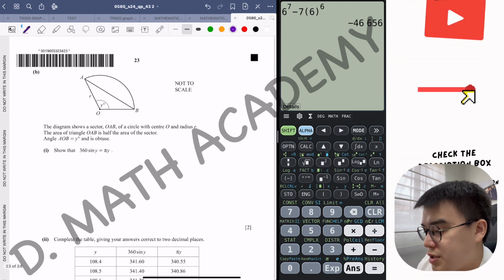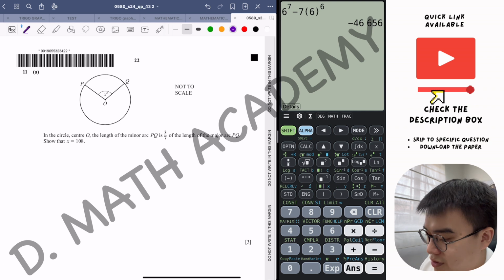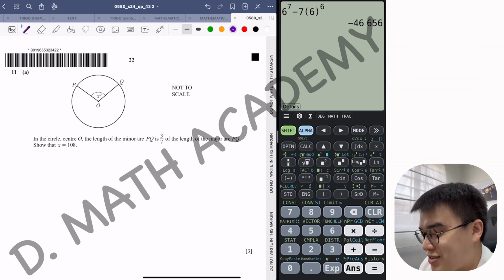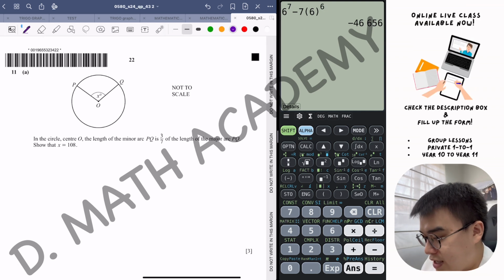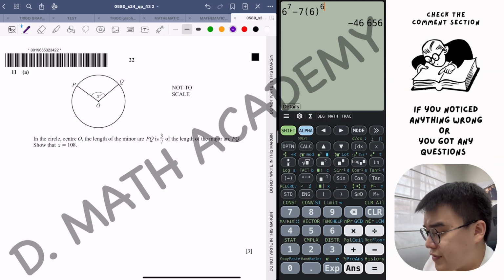Is this the last question? Yes, it is the last question. So the answer to show that it's 108: minor arc is 3/7 of the length of the major arc.